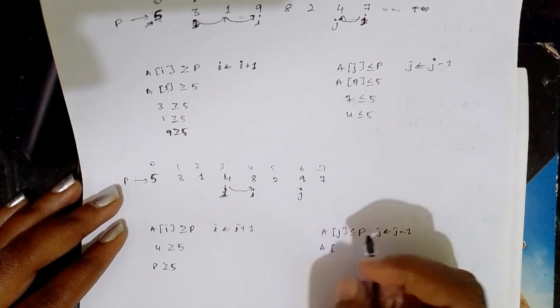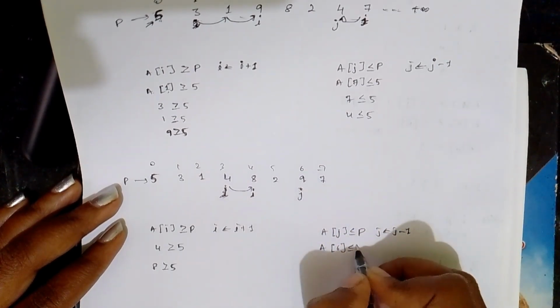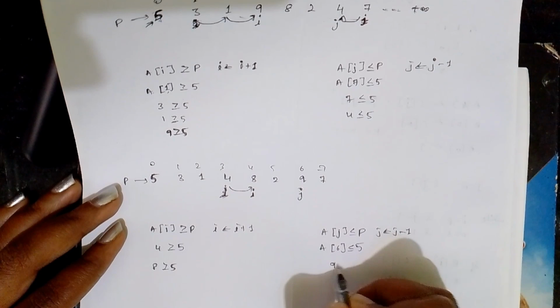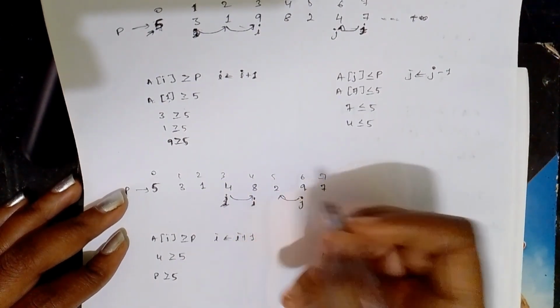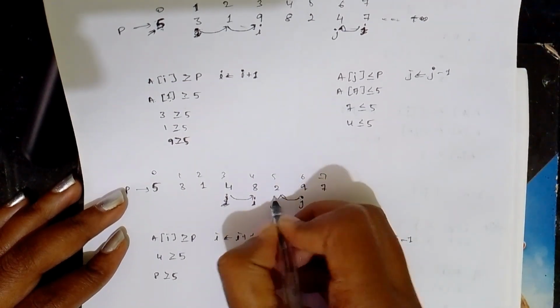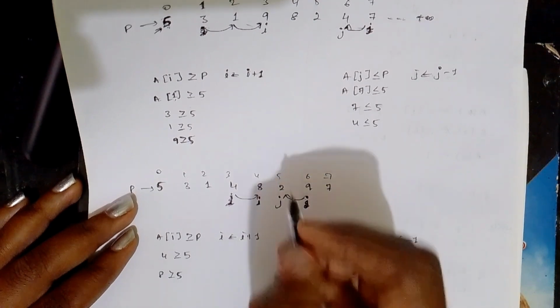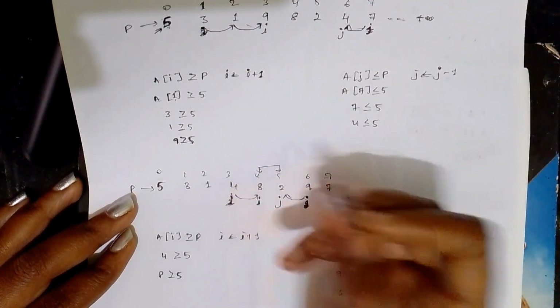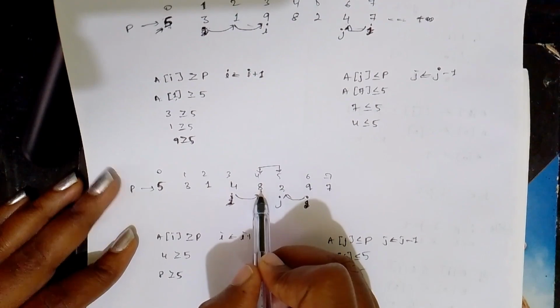Where is j? j is here, a of 6, and the pivot element is 5. a of 6 is 9. Is 9 less than 5? No, so we move further. Here 2 is less than 5, so j will stop here. Now we got the elements, and we have to swap these two elements. The 2 will come at the place of 8, and 8 will go at the place of 2.